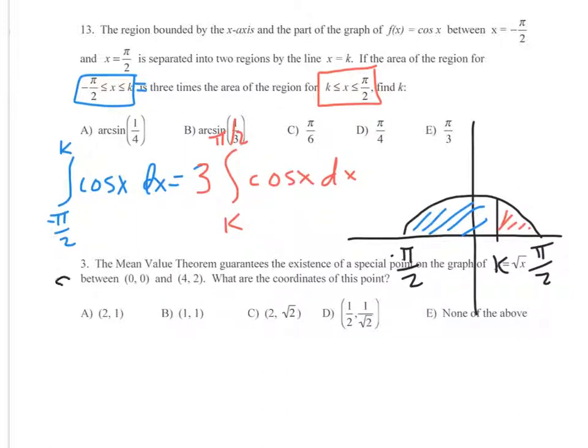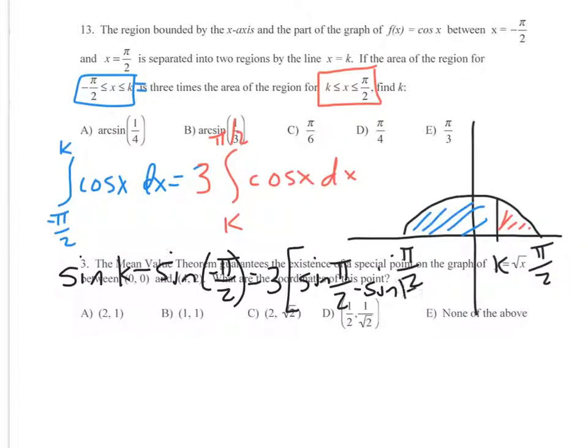So on the left side here, we get sine of x, and you're going to go from -pi/2 to K. Let me see if I can do this in one step here. And so we're going to get sine of K minus sine of -pi/2 equal to 3 times sine of pi/2 minus sine of K.